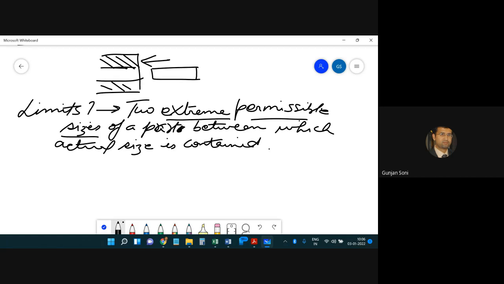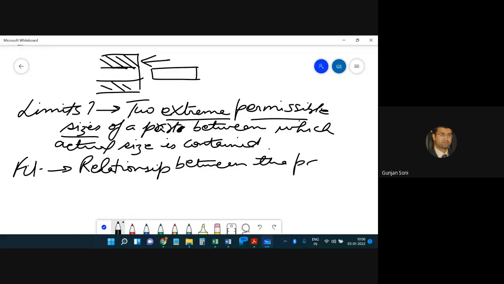And then what is fit? Fit exhibits a sort of relationship between the mating parts, between the parts being assembled, with respect to the difference in their sizes before assembly.